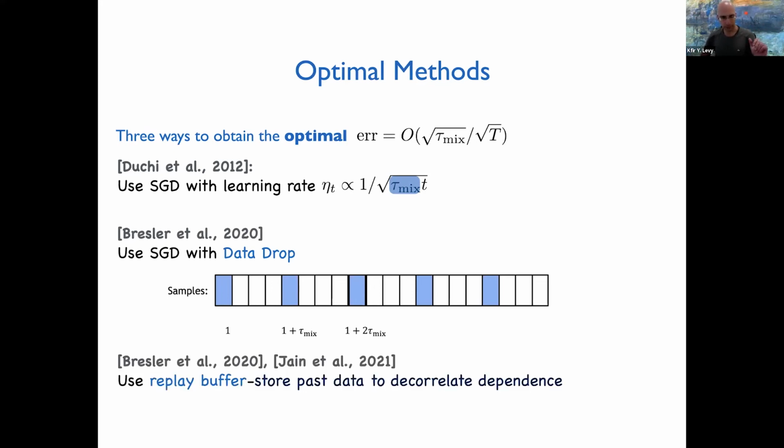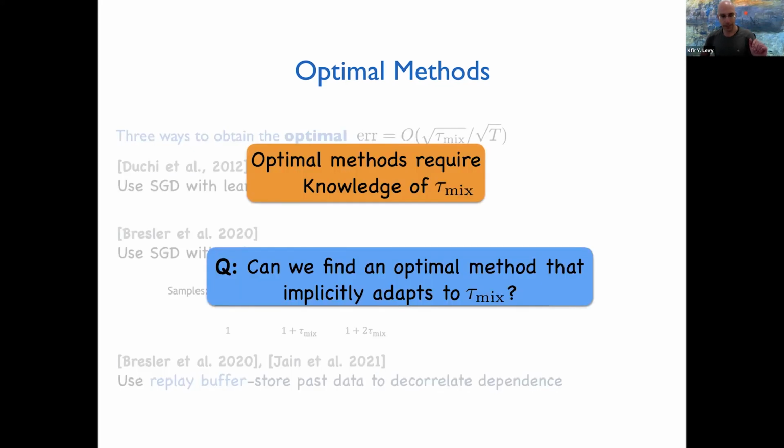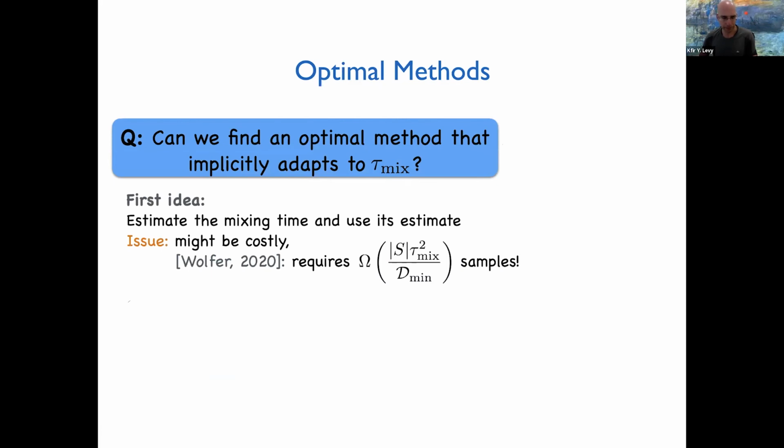I don't want to get into them, but note that applying these optimal methods requires knowledge of the mixing time. You have to know this value in advance. The question that we ask in this work is, can we find an optimal method that does not know this mixing time, that implicitly adapts to the mixing time?